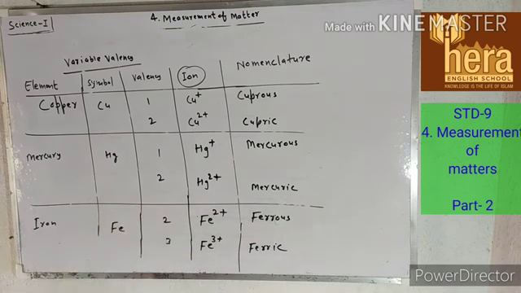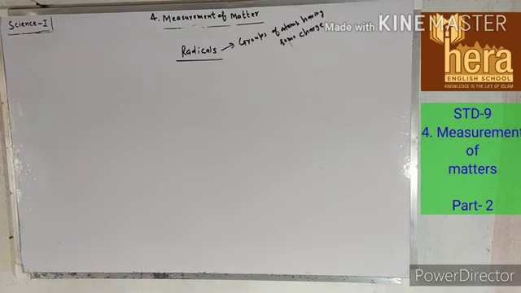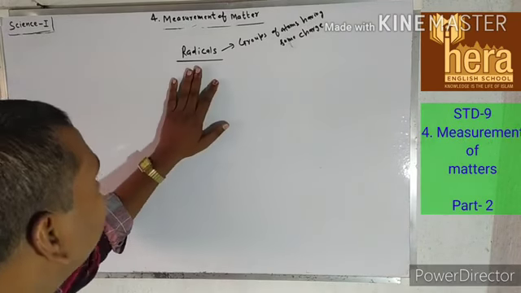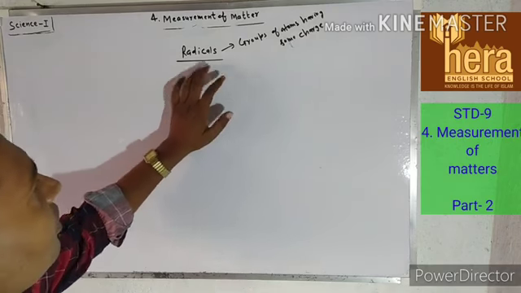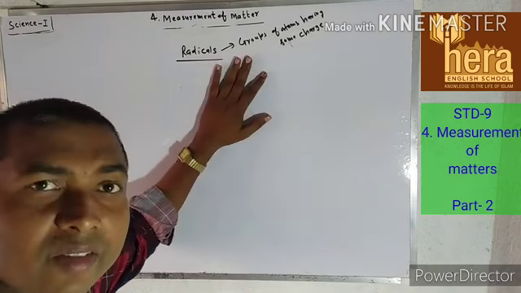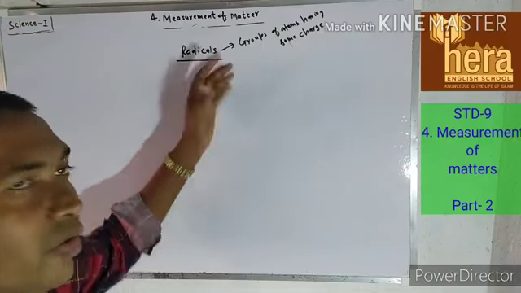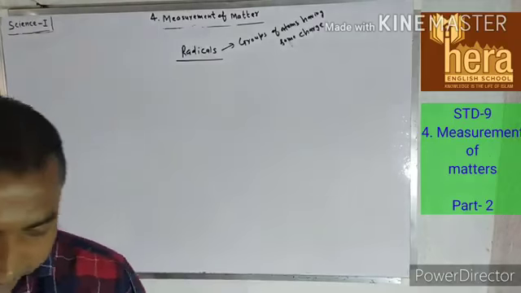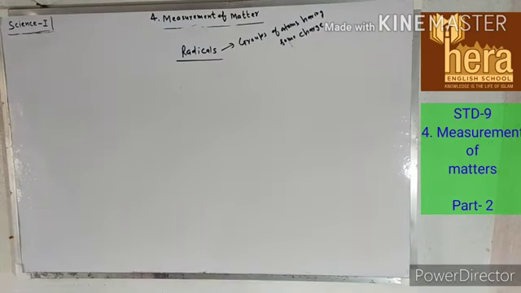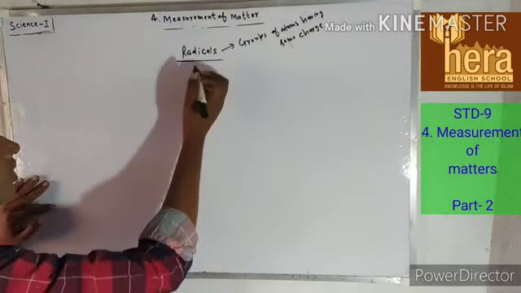Okay. Now the next topic is radicals. What are radicals? Radicals means a group of atoms having some charge. Okay. So radicals are of 2 types.